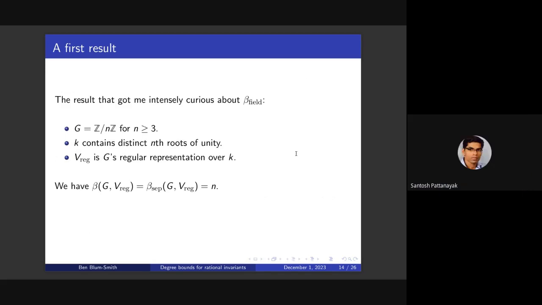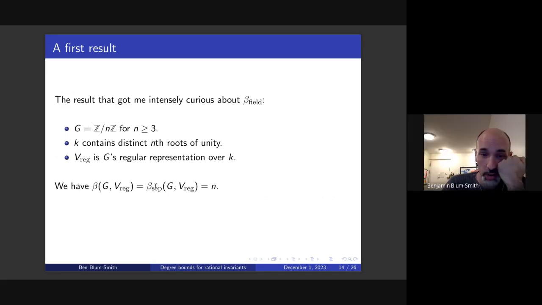It's always n. And for the separating Noether number, this follows from work of Domokos from 7 years ago or so. The classical Noether number, you could convince yourselves of it. I'm not going to try to convince you of this. I think you believe me. If you want to talk about why, we could talk about why.